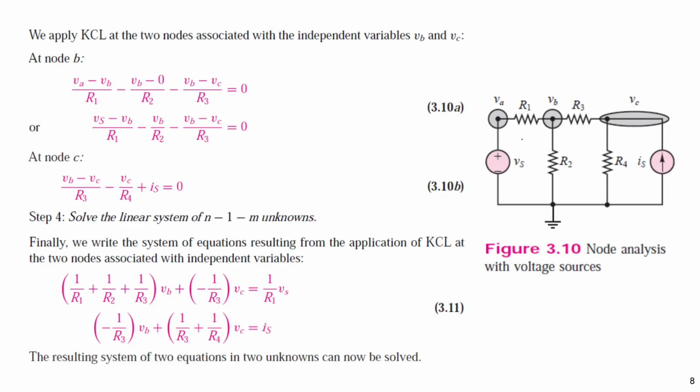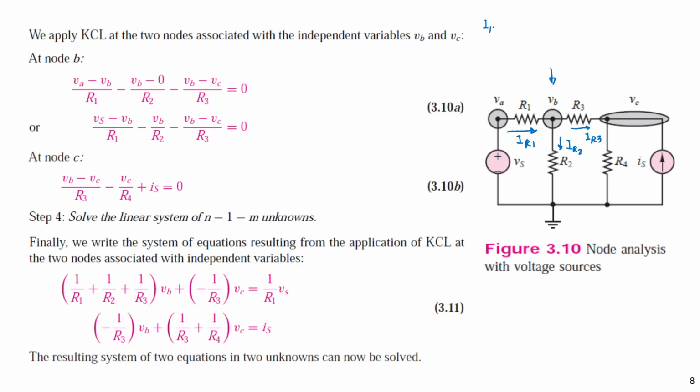For example, if we solve for node B, the current flowing in is positive, right? This is IR1, this is IR2, and this is IR3. What is IR1?